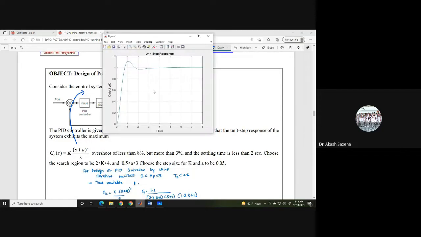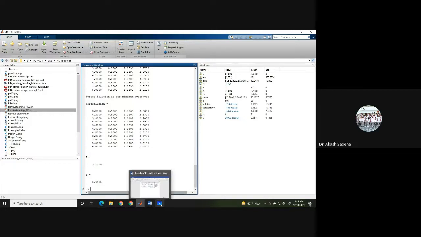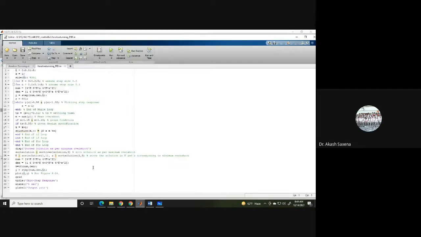Now the unit step response is coming, and now we will do some experiment with this. So over here you can see that 3.2 and 0.9 will be the corresponding solution for the minimum peak overshoot. So the value of the minimum peak overshoot is 1.0, and corresponding to this the values are K equal to 3.2 and A equal to 0.9.